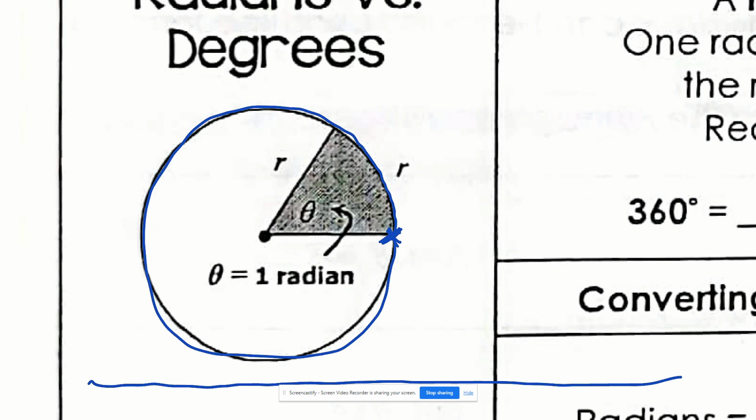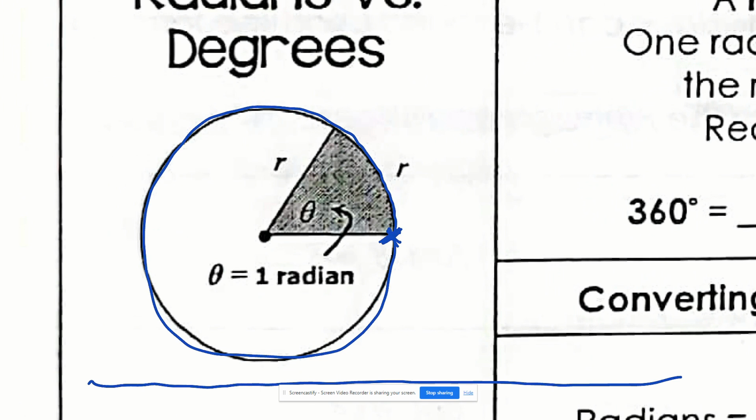Now listen, if this is a unit circle, r is 1. So therefore, 360 degrees as a degree measure would be equivalent to what as a radian measure? Radian simply meaning the physical distance around that circle. What would it be? If your r is 1.